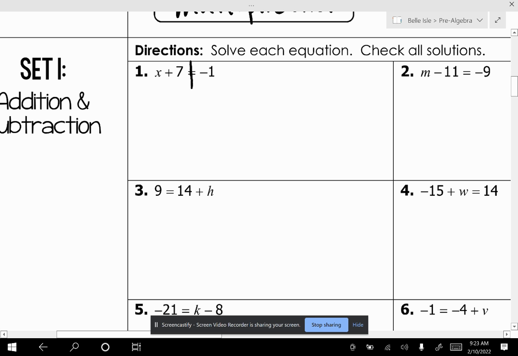Have y'all solved equations before? Y'all simplified, but I don't know if we've solved equations as a whole. Maybe some of you have. I very rarely will tell you this is the way you need to do it. This is one of those times. I have a lot of Algebra 1 students that are really struggling with solving equations, and a lot of it goes to the way they're writing out their work.